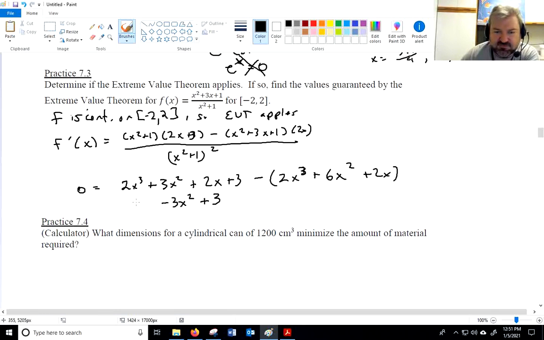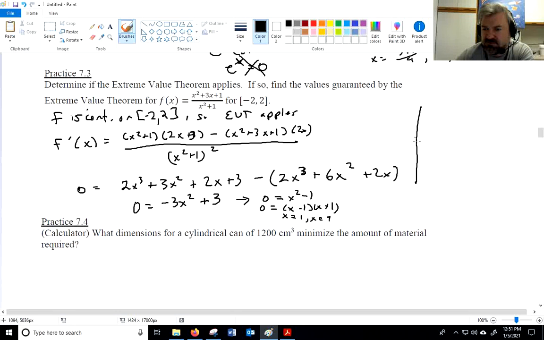All right, so solving that equal to 0, I'm going to divide through by a negative 3. I get 0 equals x squared minus 1. That factors as x minus 1, x plus 1. So x equals 1 and x equals negative 1.